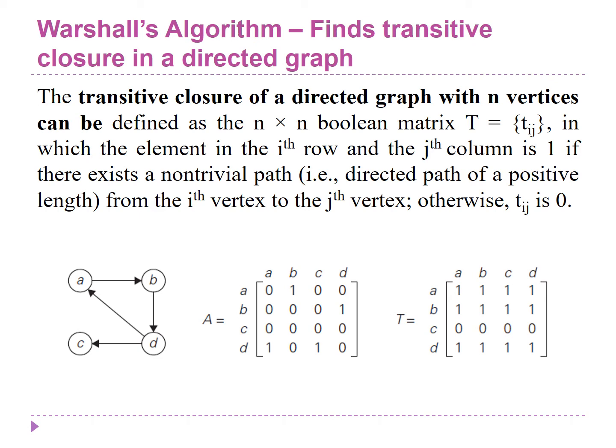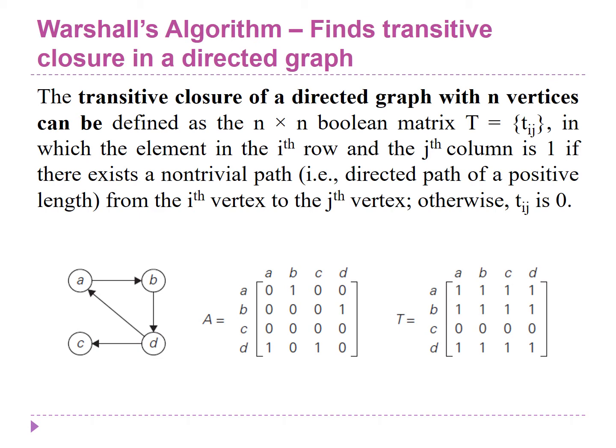Let me illustrate the transitive closure with the given directed graph as an example. The directed graph consists of 4 vertices A, B, C and D with directed edges between them.